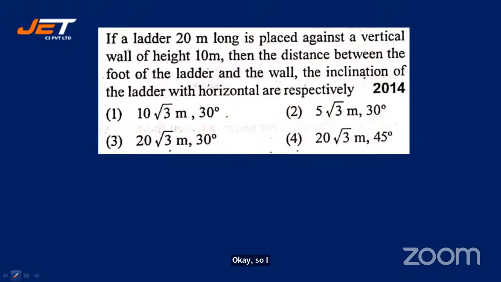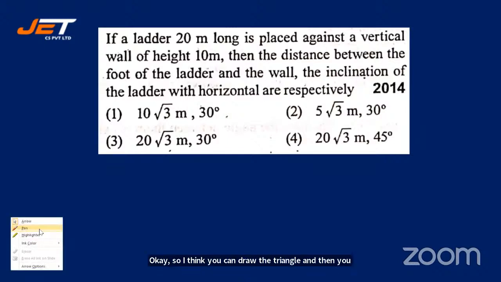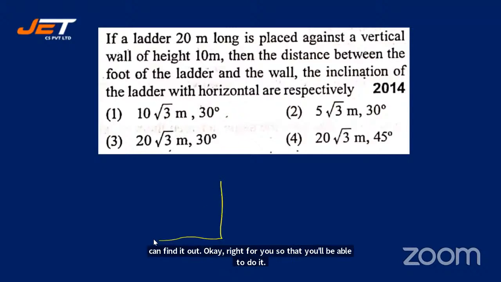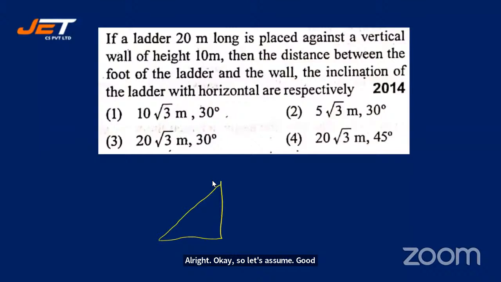Let me quickly draw it for you. Let this be AB. The wall height is 10 meters, so this is 10 meters. The ladder is 20 meters long, so this is 20 meters.